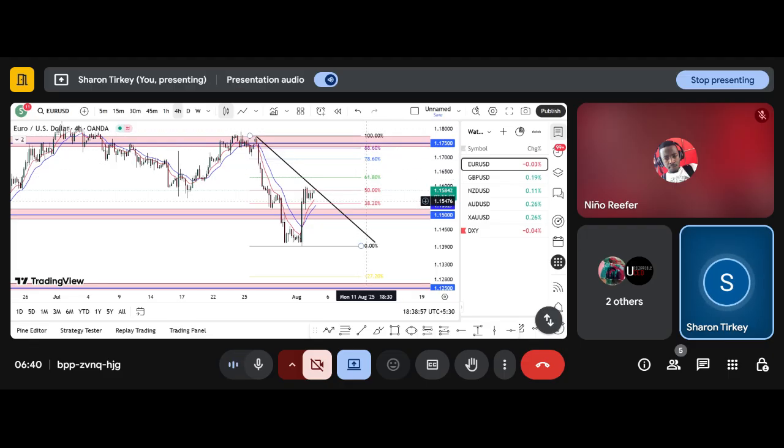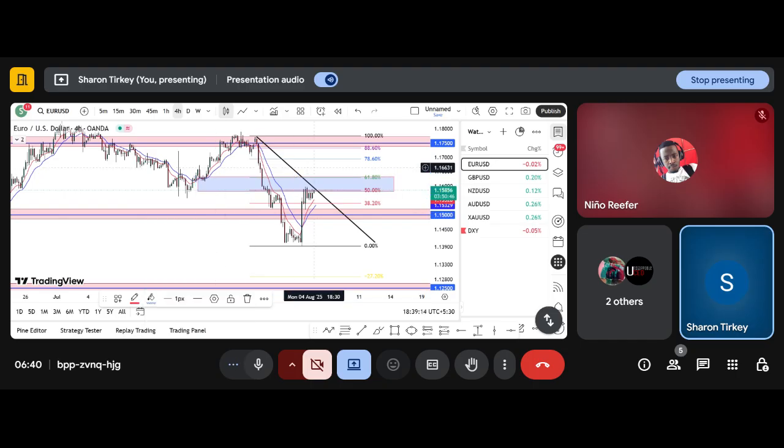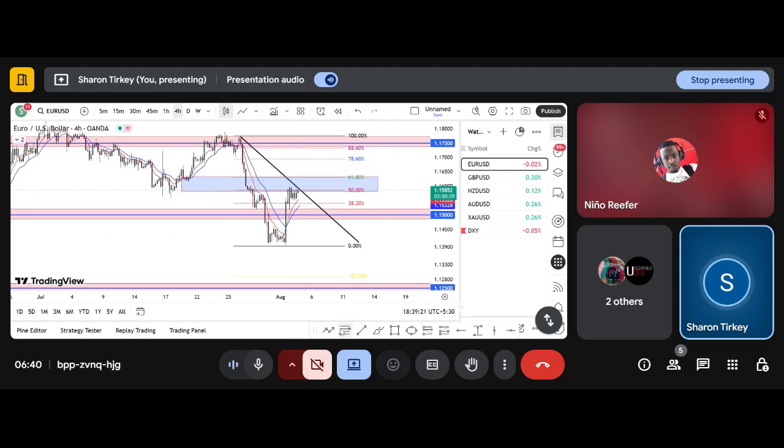These are all our key levels, and the common retest zone is between 50 and 61%. Here you see it has a high supply zone. It means price comes here for the retest at this level, then goes to the target, okay?